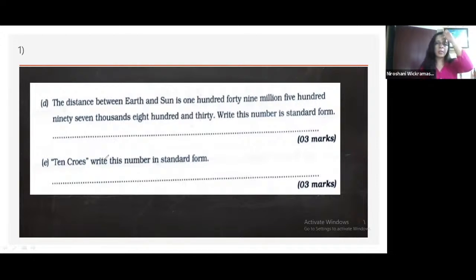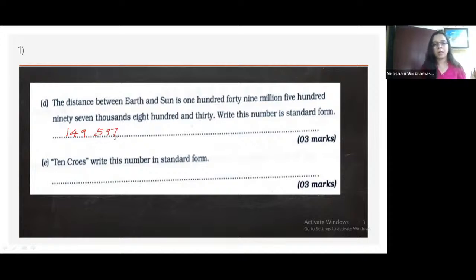Right. The distance between Earth and Sun is 149,597,200 830. Write this number in standard form. The distance between Earth and Sun is 149 million. Right, then 149 millions. 149,597,000.